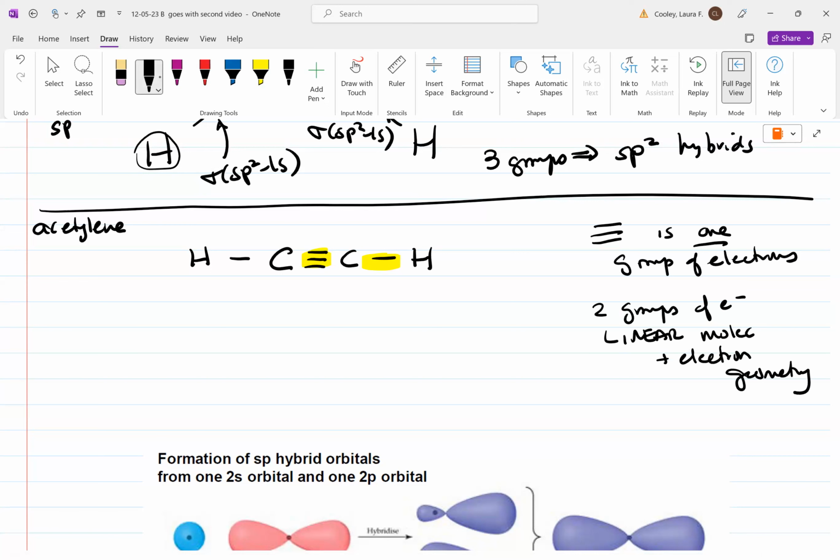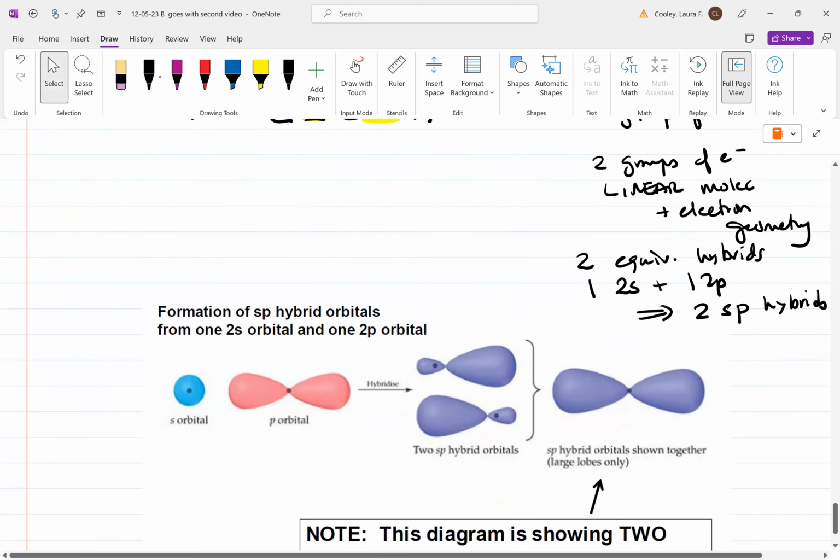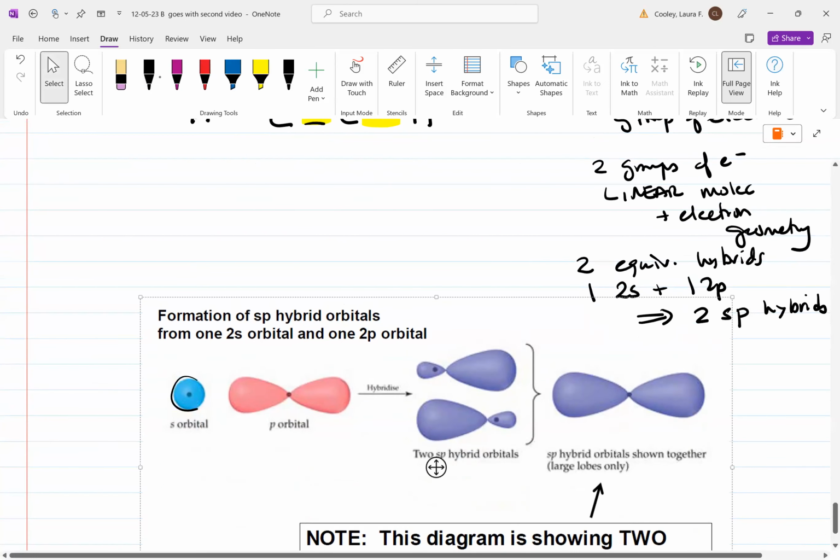And so you will be forming two equivalent hybrids. And what we do is we combine one 2s and one 2p to get two sp hybrids. What happens is that the s orbital combines with the p orbital, and you get sp hybrids that point.